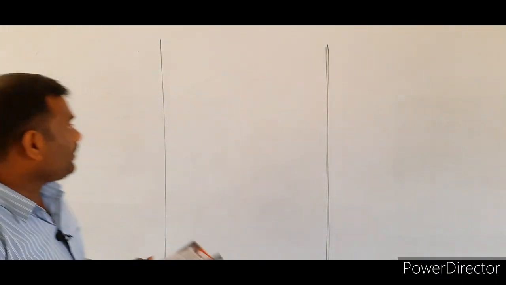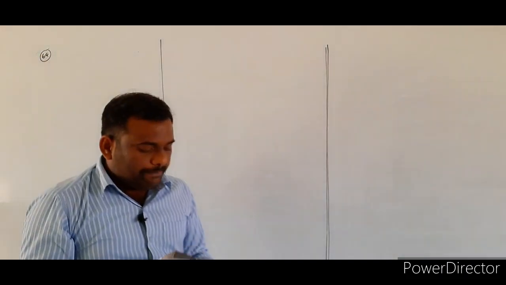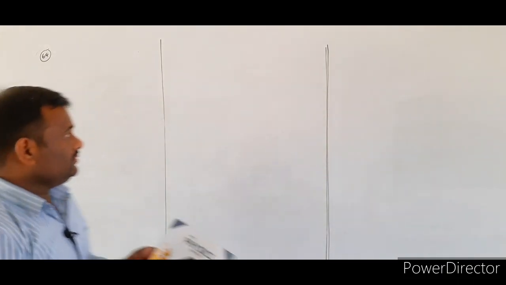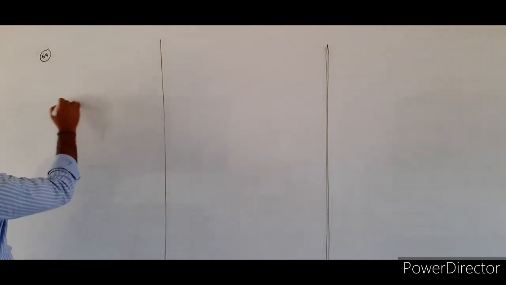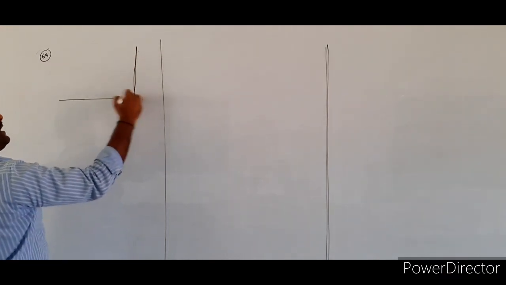64. Very, very important one. The upper half of the inclined plane of inclination theta is perfectly smooth, while the lower half is rough. So up to now, what did we discuss? Either the smooth inclined plane or the rough inclined plane.